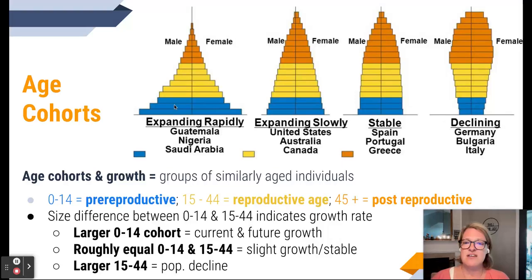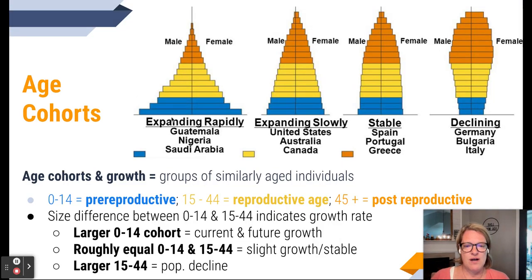So, for instance, if you're looking right here at this pre reproductive age of 0 to 14, and it's very widespread, that means that you have an expanding population. You have a lot of young children, babies, and so they're all going to grow up and need services.